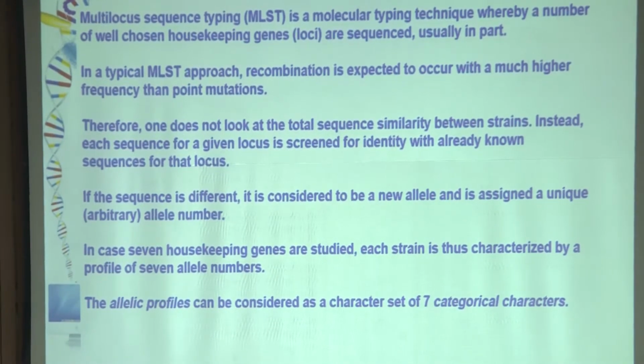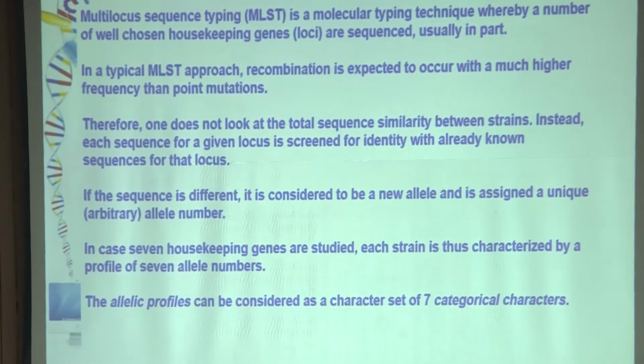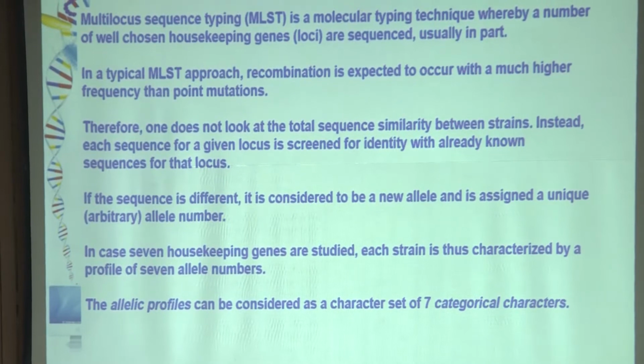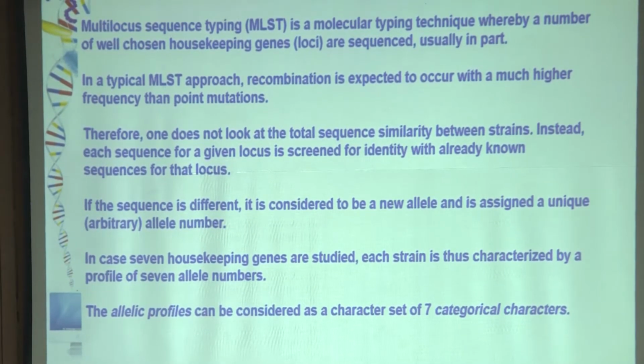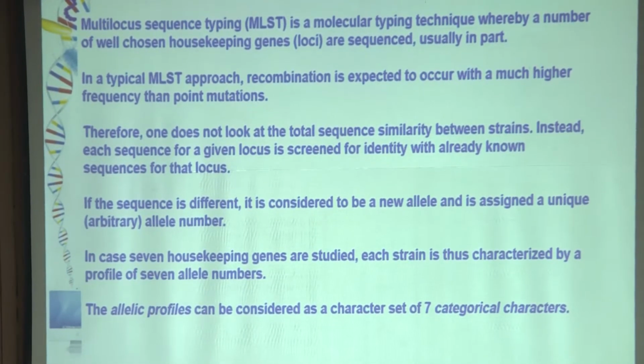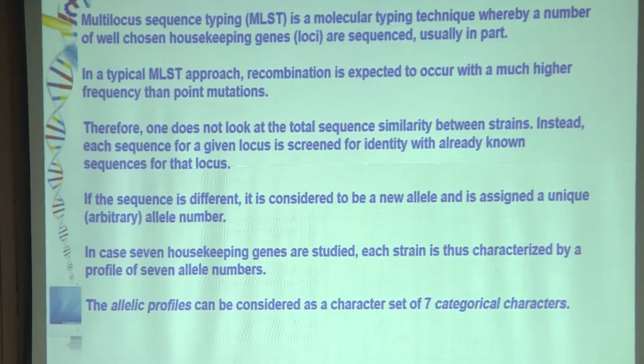It need not be same. Maybe locus 1 or gene 1, you have a length of around 600 base pair. Locus 2 may be 1200 base pair. Locus 3 may be even as low as maybe 300 base pair. So, that is your choice. That is decided by the conservation or the conserved nature of that particular locus. Okay?